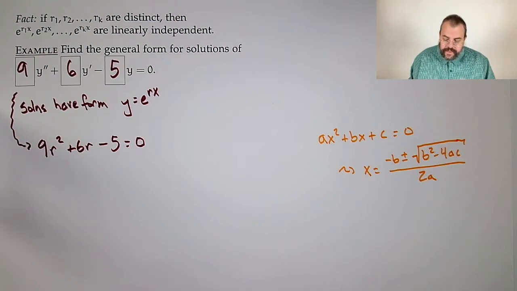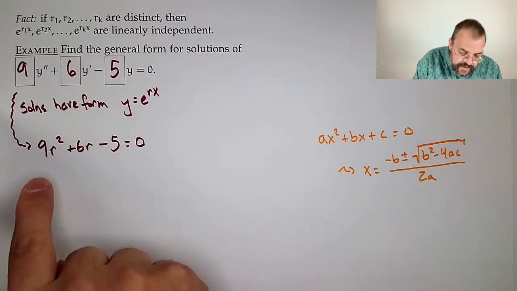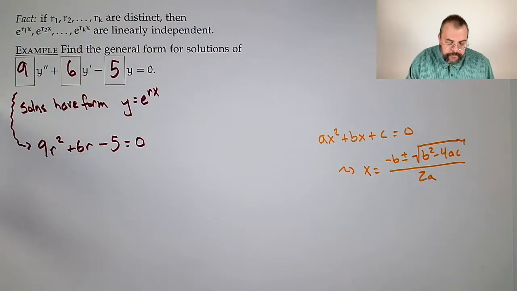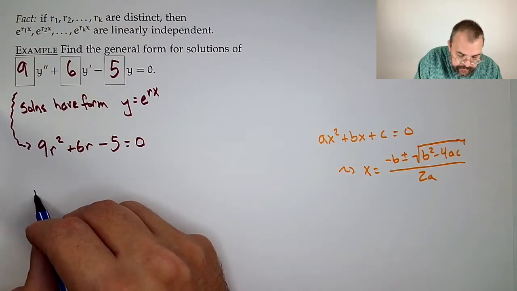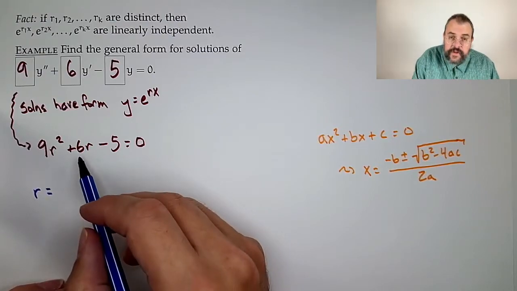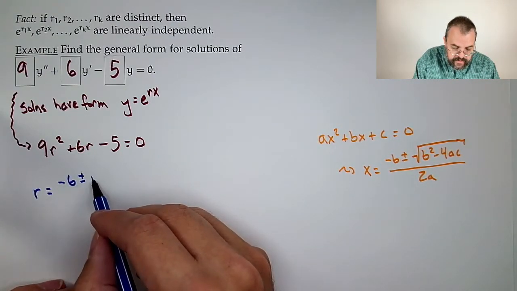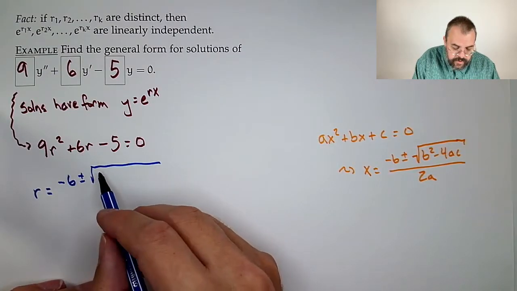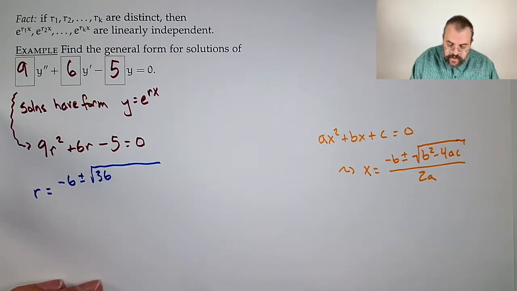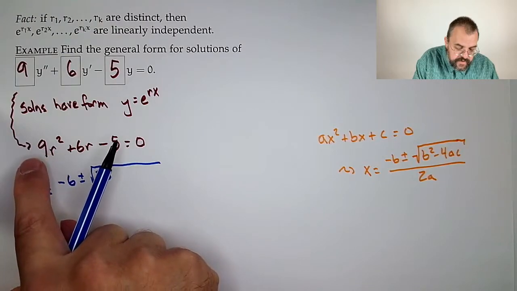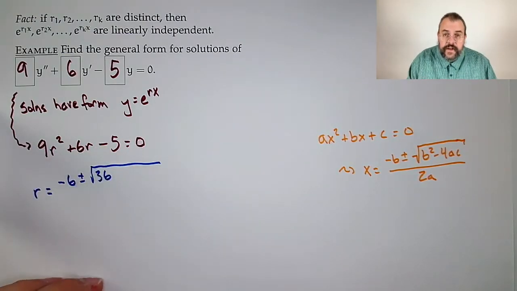And we say, okay, so let's apply it here, a, b, c. So what do we get? Well, we get r = (-6 ± √(36 - 4·9·(-5))) / 18.